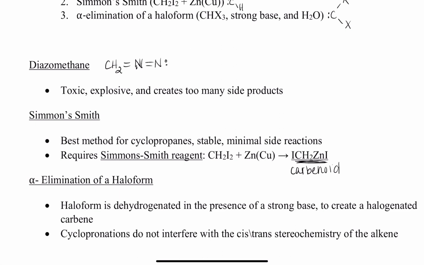So if we had an example such as this right here, I could recognize this as the Simmons-Smith reagent, the carbenoid, and so I know that that's going to create a cyclopropane.